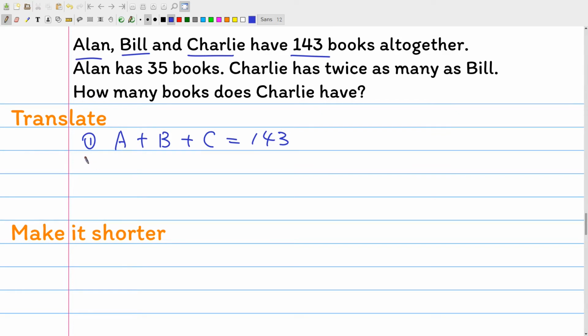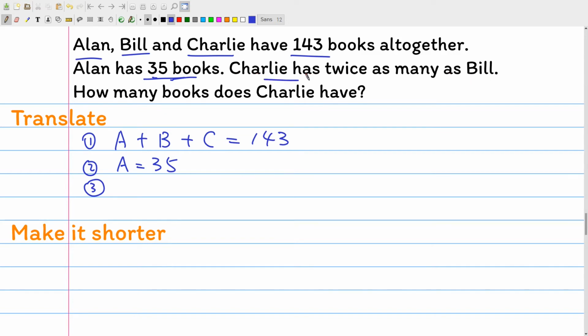Now let's keep going to the second sentence. Alan has 35 books. That means A equals 35. Done. That's our translation of the second sentence. Now let's move to the third sentence. Charlie has twice as many as Bill.